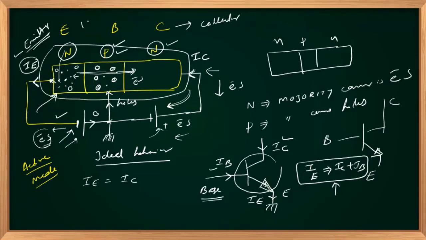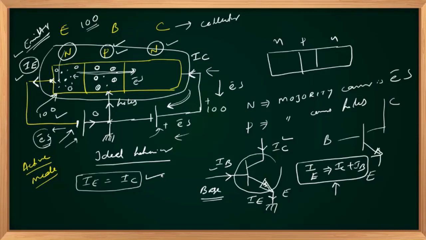Because if 100 electrons are emitted and 100 are collected by the collector, that creates an emitter current corresponding to flow of 100 electrons here, because those 100 electrons should be replaced by the negative pole here. And those 100 reaching the collector will be collected by the positive rail. So that creates a current flow corresponding to 100 electrons. So if all the emitted electrons are collected by the collector pole, then you can say that IC will be equal to IE, and that is the ideal behavior of your transistor.